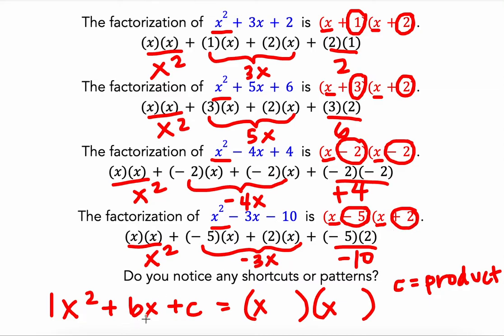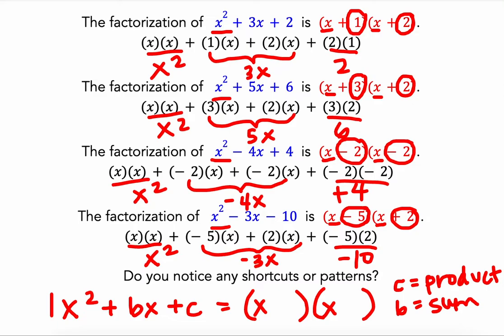Yeah. So we notice that the b, the coefficient in front of that second term, should be the sum of my two numbers that I put inside my binomial. That right there is our shortcut.